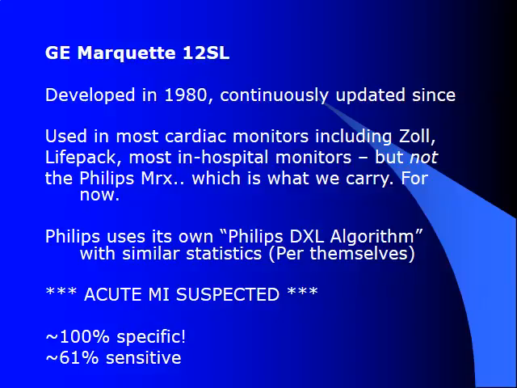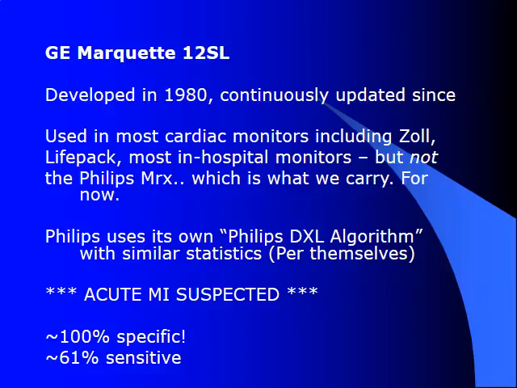Most of the cardiac monitors, including Zoll and Physio-Control, use this algorithm. Philips monitors use a Philips DXL algorithm. They report similar statistics. Whenever these do print out acute MI suspected, they are 100% specific and 61% sensitive.